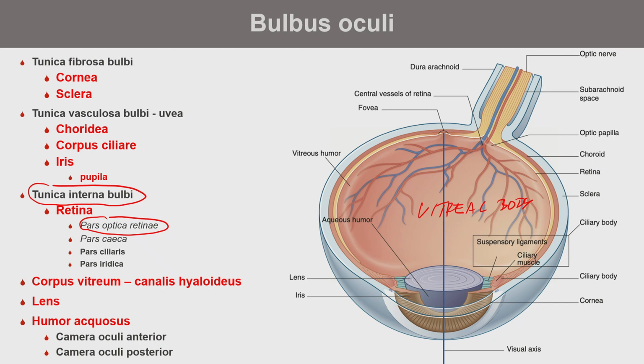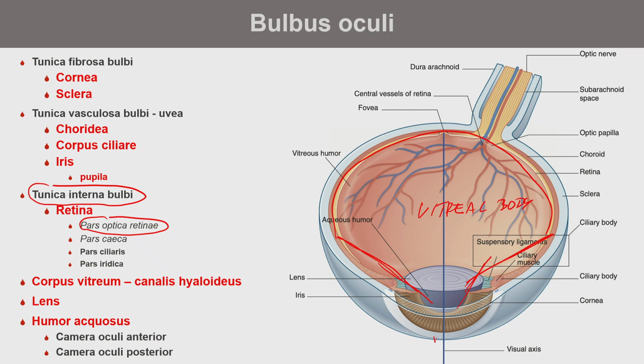Because we have in the eyeball some localizations where the light is not able to be distributed, because if we have some aperture which is called iris, then the light is able to irradiate only one part of the retina.